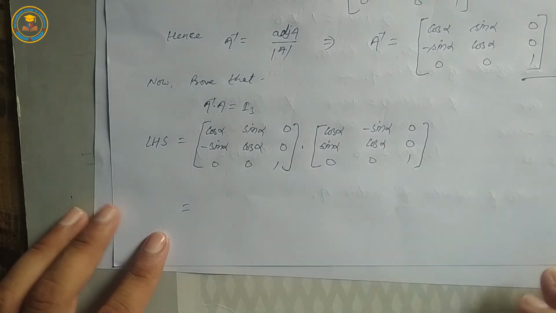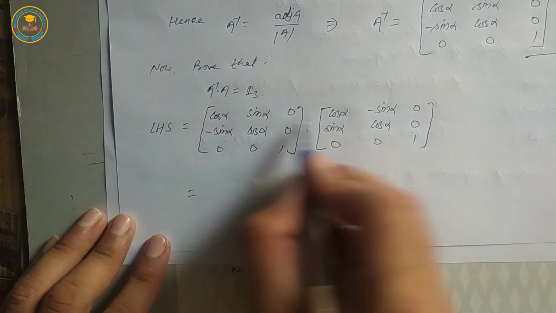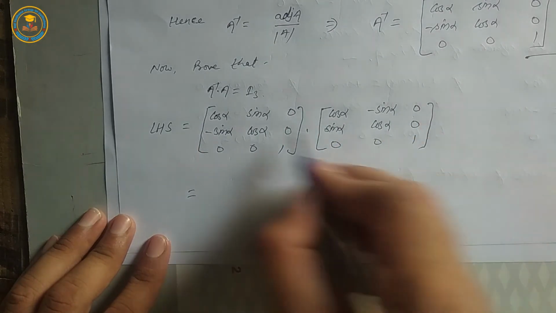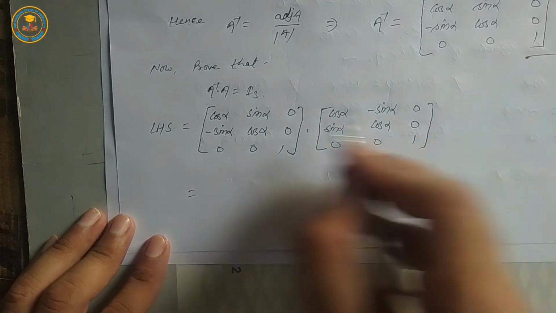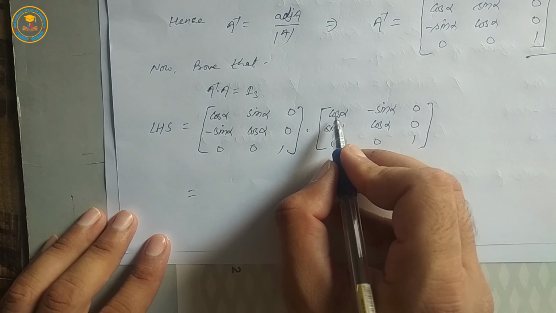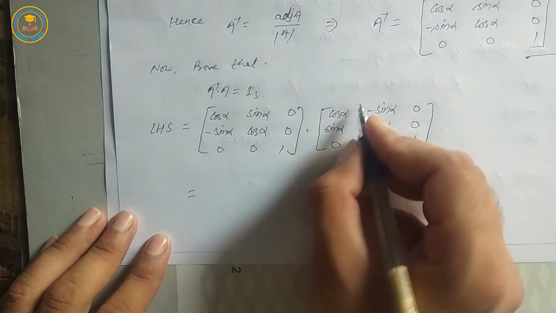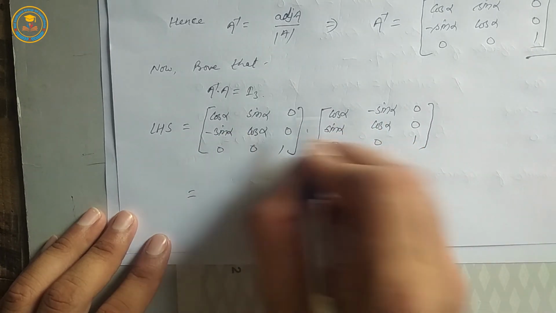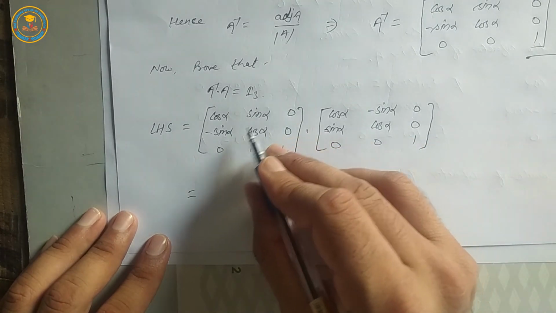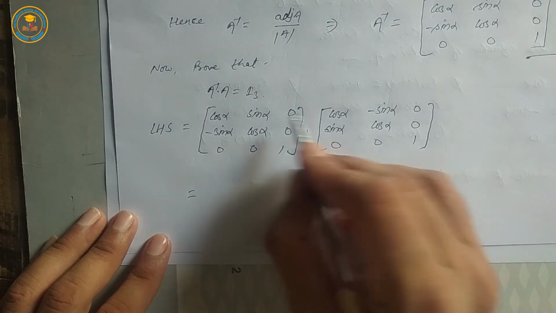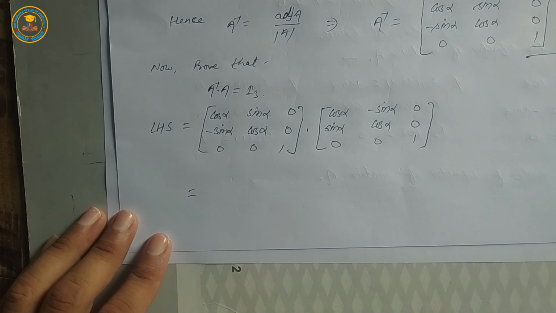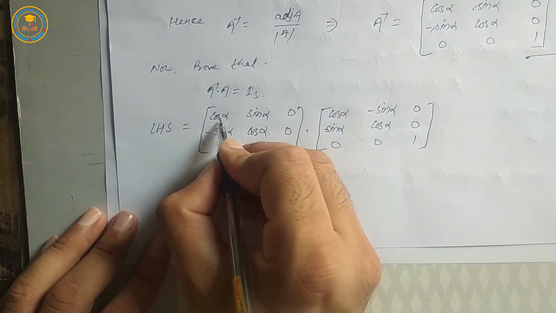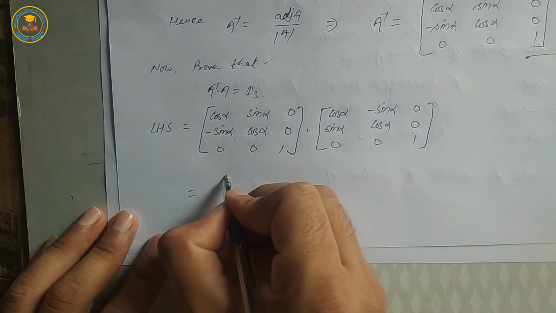First row first column: cos into cos, cos square alpha plus sin square alpha, equal to 1.